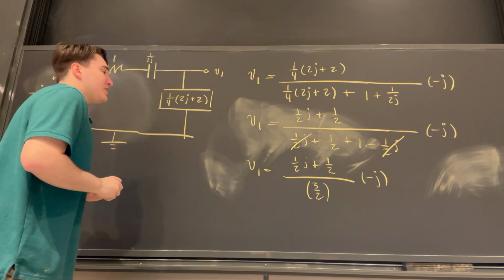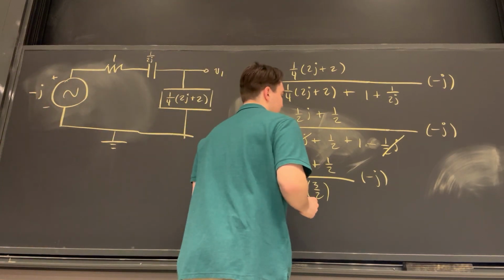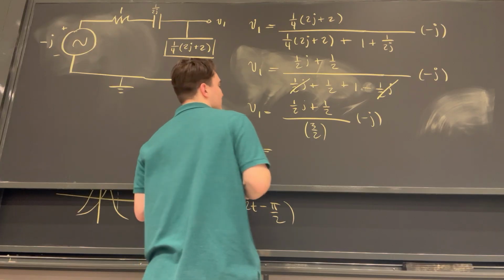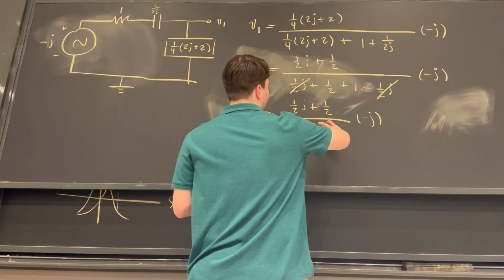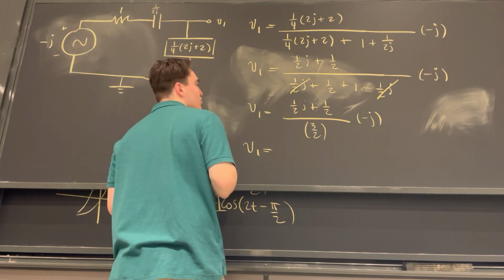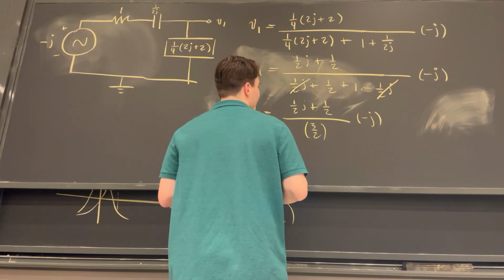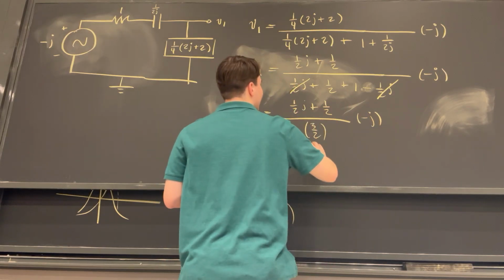And then let me keep simplifying this a little bit. So I know that this voltage, let me flip this 3/2 into the numerator and make that 2/3. And then let me also distribute this negative j.